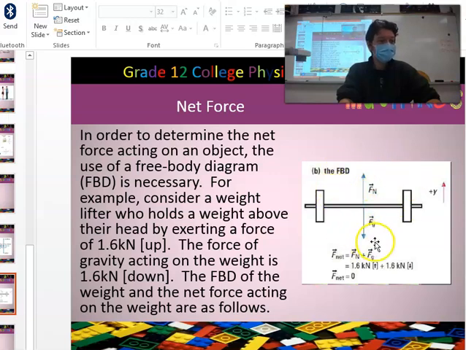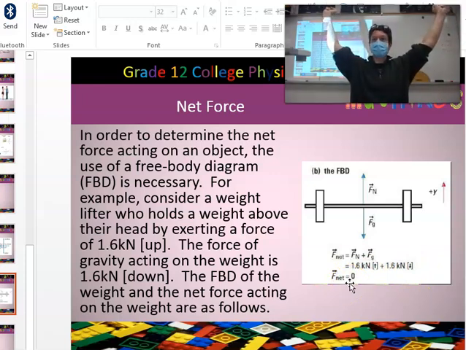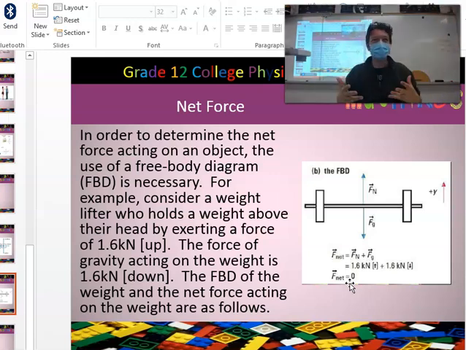Now looking at the free body diagram, if I were to tell you that the normal force is 1.6 kilonewtons, and remember, a kilo is just 1,000, so 1,600 newtons up, and gravity is 1,600 newtons down, well, that just adds to 0. And it makes sense if someone's just holding it there in place. The motion is not changing, it's at rest there. The net force should add to 0.